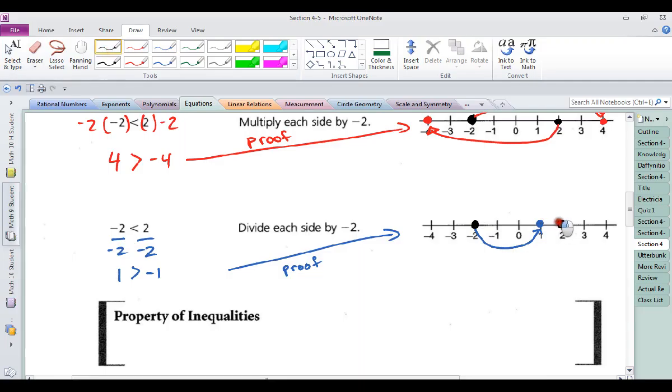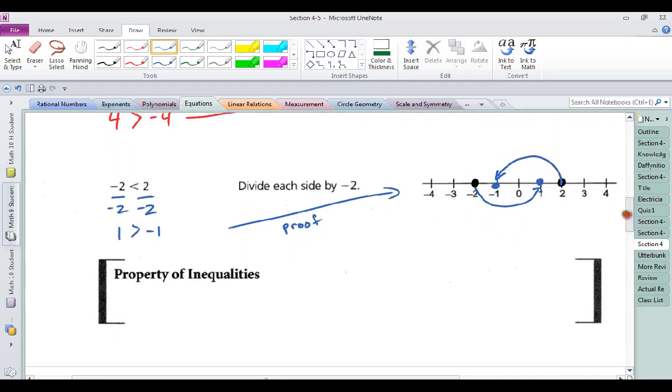And we had a guy here. We divided by negative 2, and he goes down to negative 1. So the sign flips. Yes, James, that's exactly what it means. Write it out how you'll remember it.